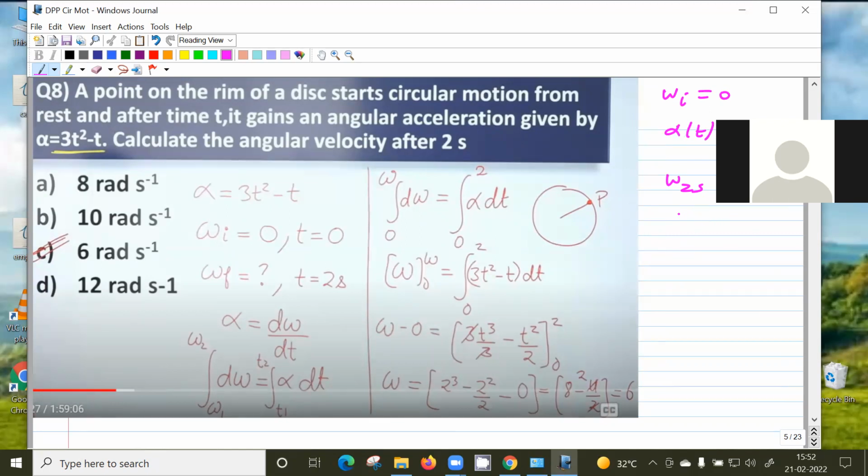So how are omega and alpha related? Omega is equal to the integral of alpha dt. Here alpha is given. So we can put the limits as 0 to 1. That will give us omega at 2, because omega 0 is 0.